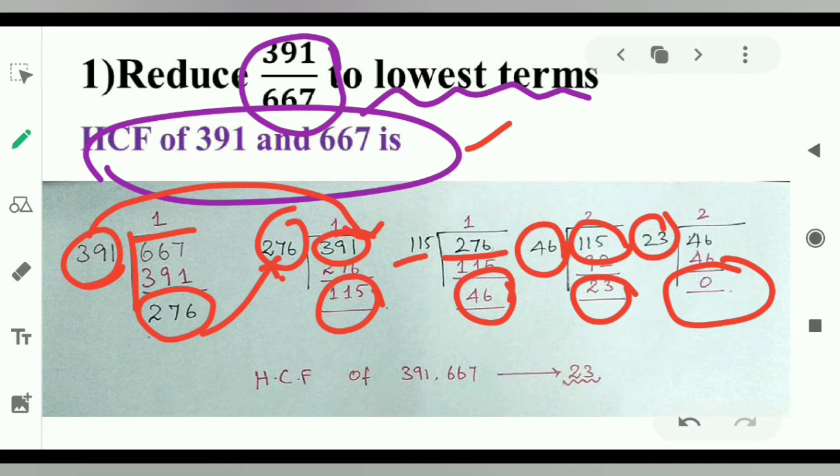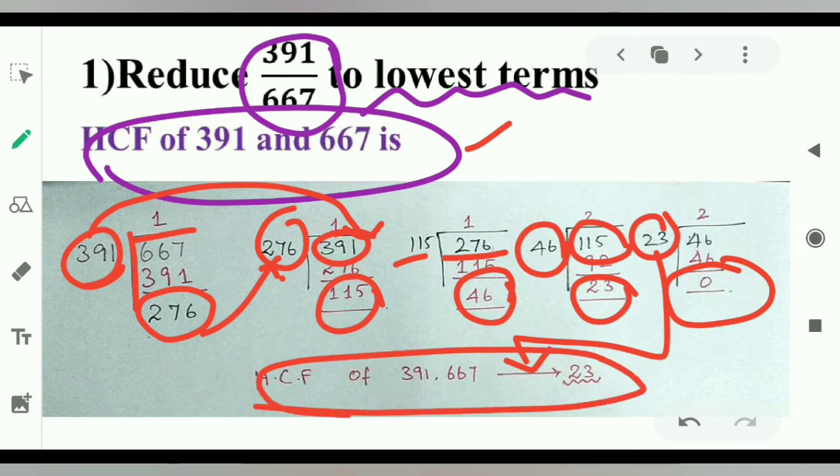When we get the remainder as 0 in the division procedure of HCF, what does it mean? The last divisor we have used is nothing but the HCF of the two numbers. Therefore, we have successfully found the HCF of 391 and 667 as 23.